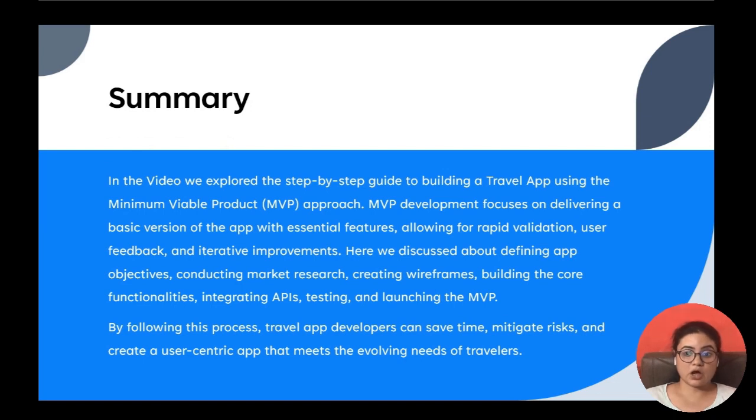Here we also discussed how you can effectively develop your MVP using a proper project management approach, and how the new method of no-code development is more efficient and useful than traditional development, and how you can use it to make sure your MVP development is successful within estimated time, budget, and resources. By following these processes, your travel app can save time, mitigate risk, and create a user-centric app that meets the evolving needs of your travel app systems.